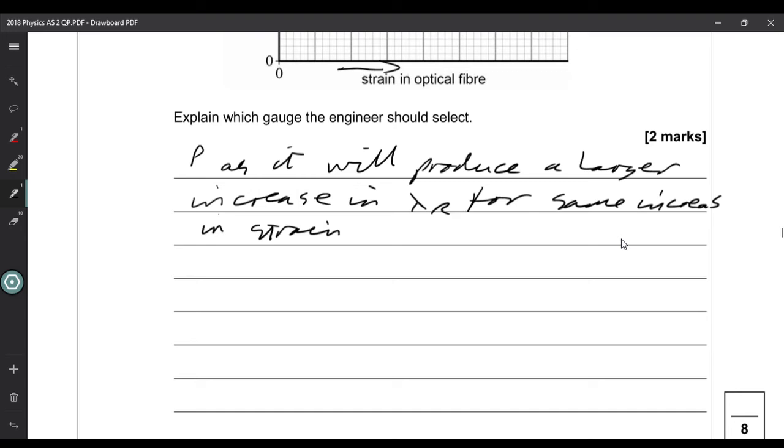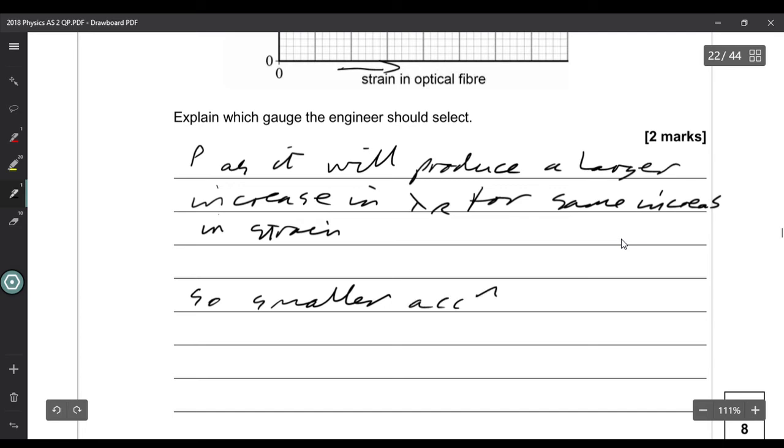So we can say that smaller acceleration produces small changes in strain.